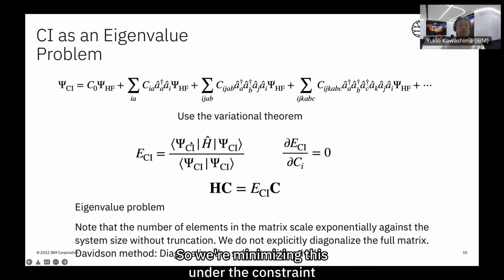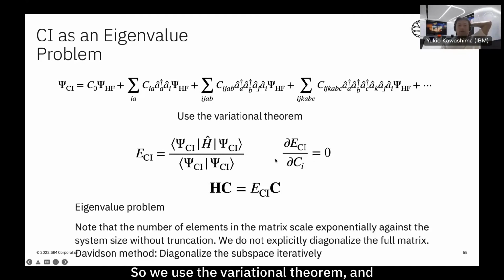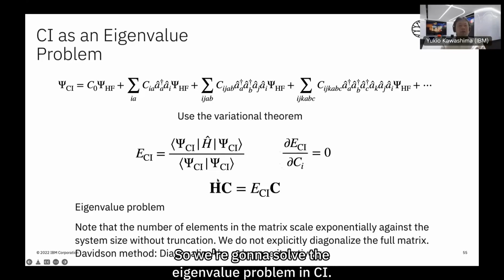So we're minimizing this under the constraint of this being 1. So we use the variational theorem, and we end up with this equation. So we're going to solve the eigenvalue problem in CI.